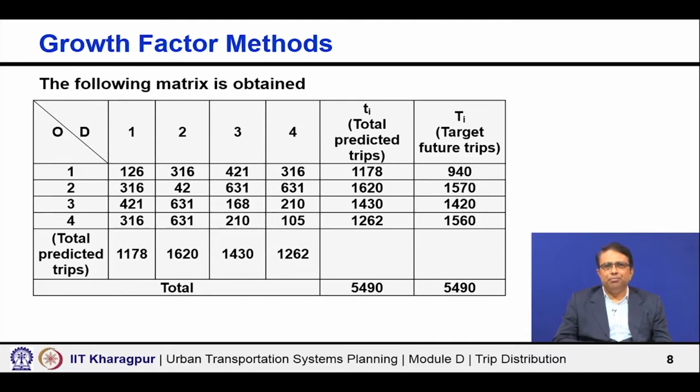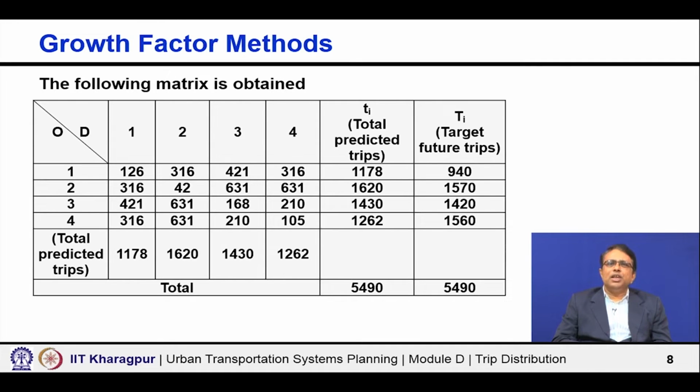Both elements are same. So what we find from this is that we are able to upgrade the total trips as per our requirements. So we somehow get a matrix where the total number of trips is matching.